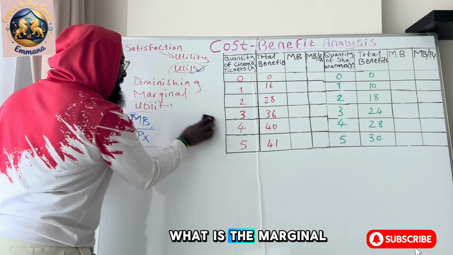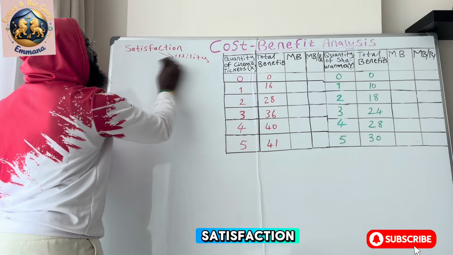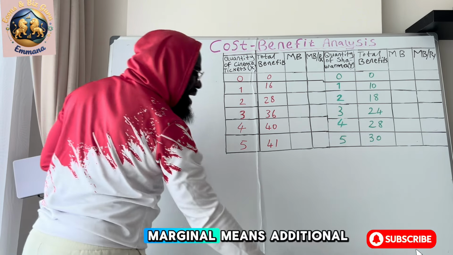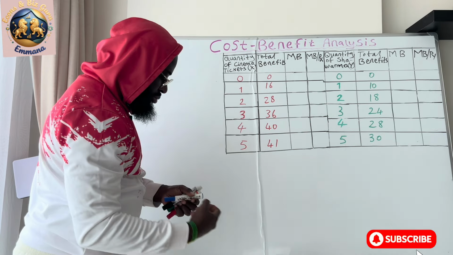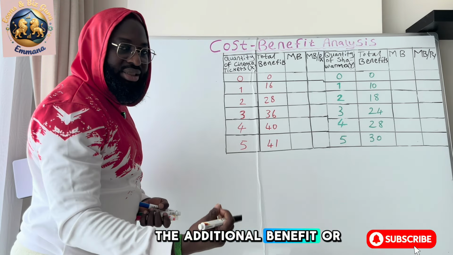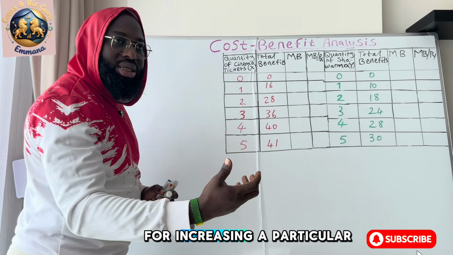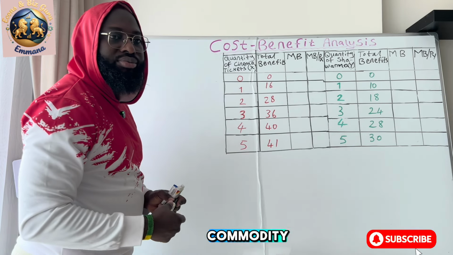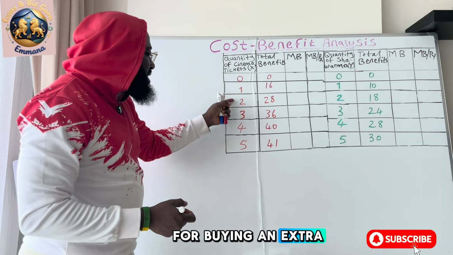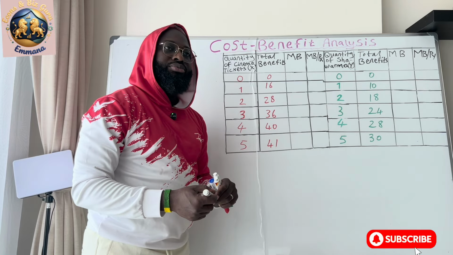What is the marginal benefit or the marginal satisfaction? Marginal means additional. So marginal benefit is the additional benefit or satisfaction for increasing a particular commodity, for buying an extra ticket or for buying an extra shawarma.